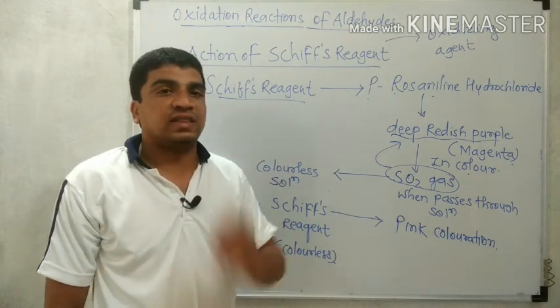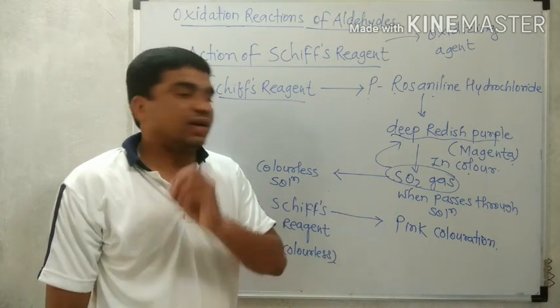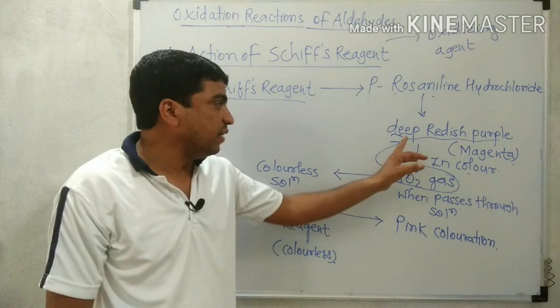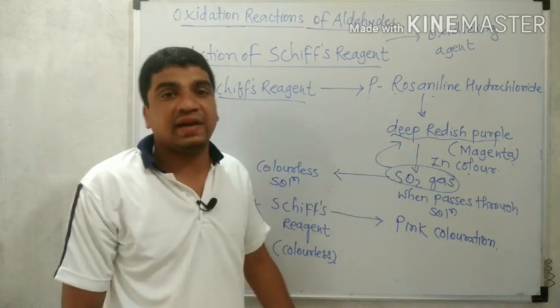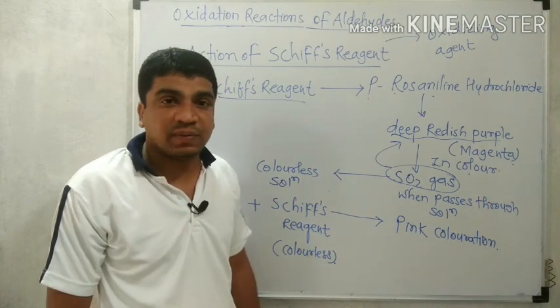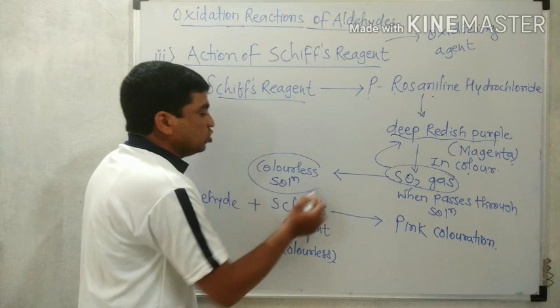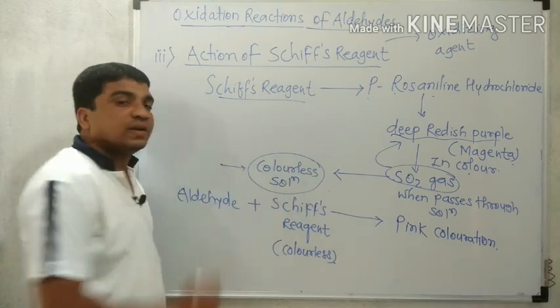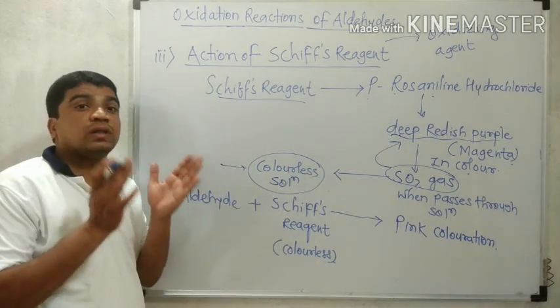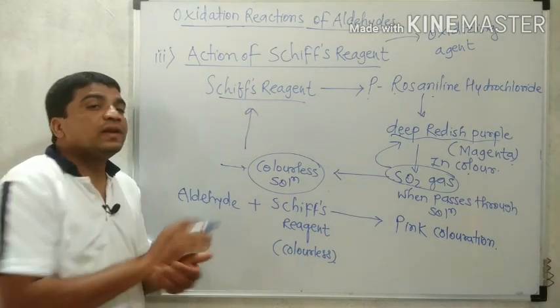For decolorization, for removal of the color of the Schiff reagent, because Schiff reagent has a deep reddish purple, that is magenta color. So when SO2 gas passes through it, a colorless solution of the Schiff reagent is obtained.